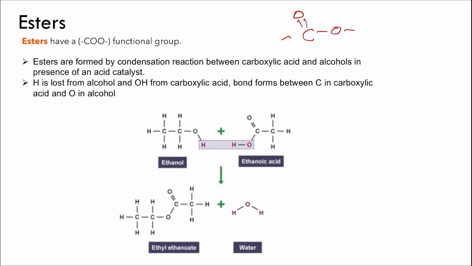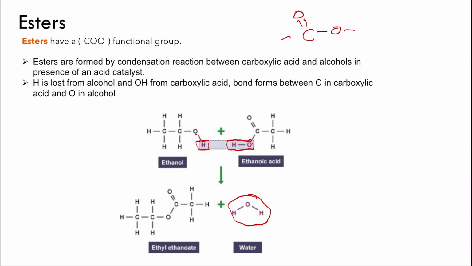When alcohol reacts with carboxylic acid, the carboxylic acid will lose an OH group and the alcohol will lose the hydrogen which is attached to the oxygen, and that will make a water molecule and then will form a new compound which is called the ester.